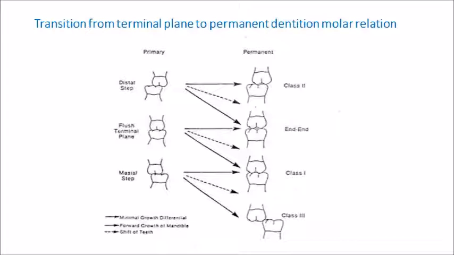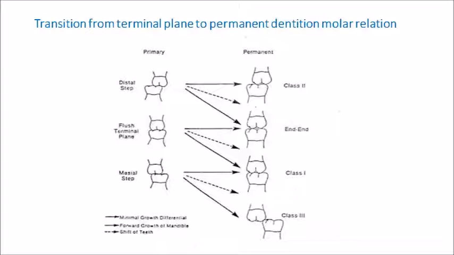Now the third scenario is the mesial step. So mesial step can end up in a class 1 molar relationship when there is a minimal growth of the mandible. But if there is extreme forward growth of the mandible, then it can move on to a class 3 molar relationship. So please understand the picture. If you see a child with a distal step relationship, what are the possibilities for the permanent dentition?